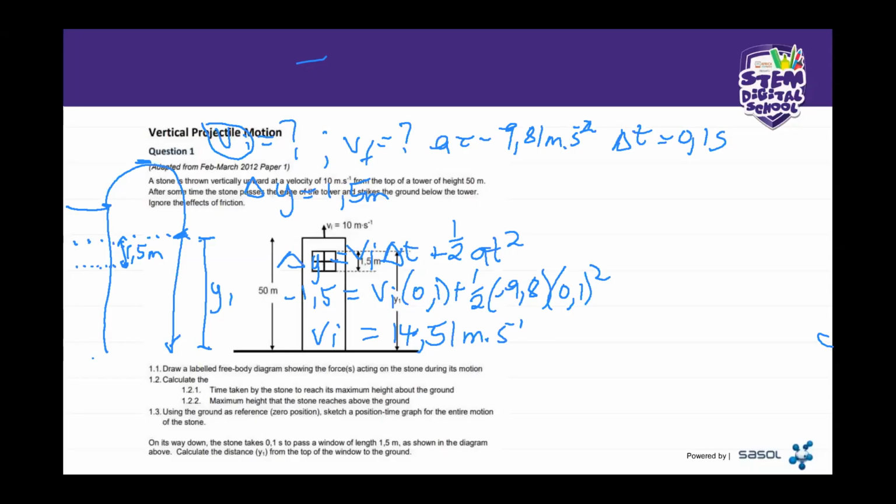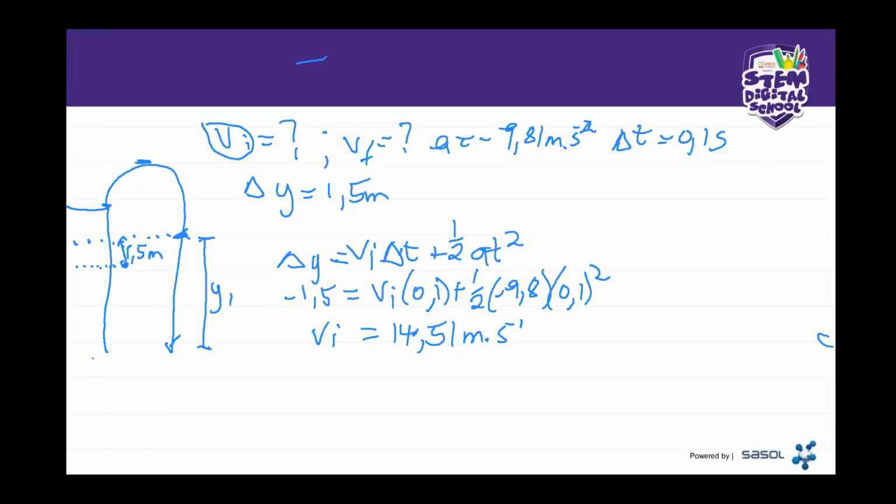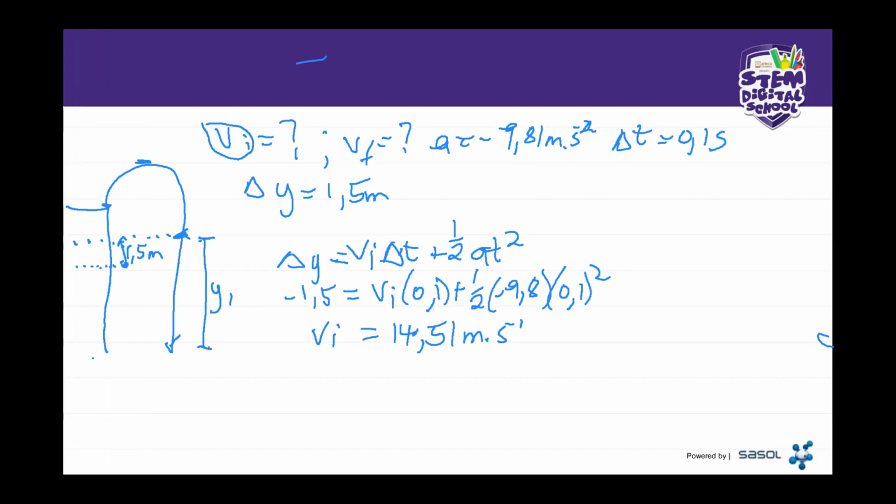Always need to go back and reference the question. On its way down, the stone takes 0.1 to pass the window length of 1.5 meters as shown in the diagram above. Calculate the distance from the top of the window to the ground. So we're still looking for this y1 here. So now we've got our initial velocity here.